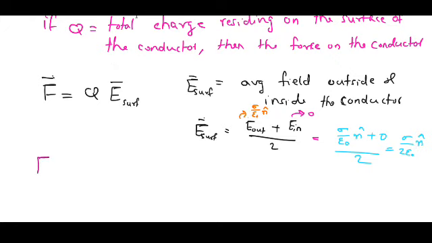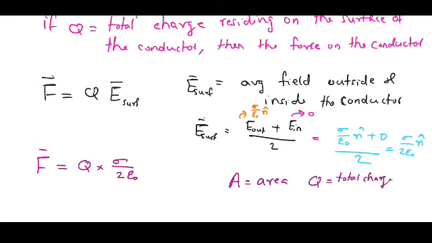Then the force F is equal to Q into E surface, that is sigma divided by 2 epsilon 0. If A is the area of the conductor and Q is the total charge on the conductor, then sigma is equal to Q by A, the surface charge density.